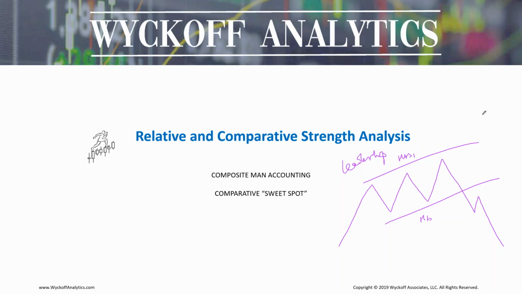Let's quickly do that. What if the market is flat? Is the stock stronger or weaker at this point? Yes, the stock is stronger because the stock is making higher highs, higher lows, the market is flat.